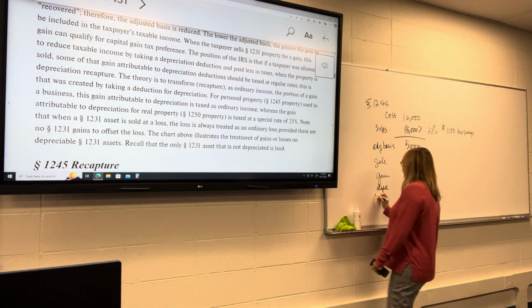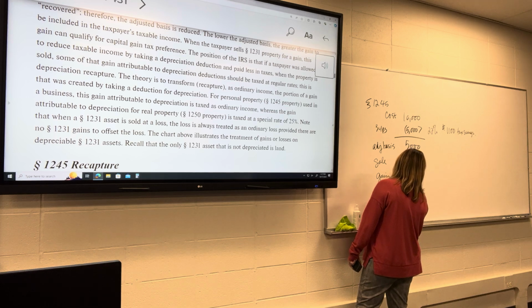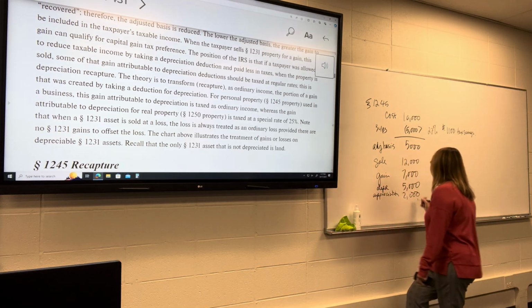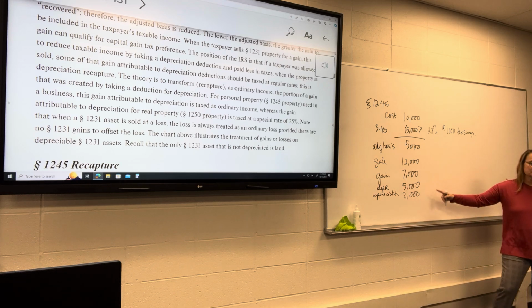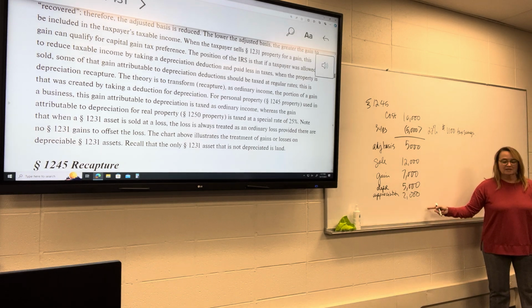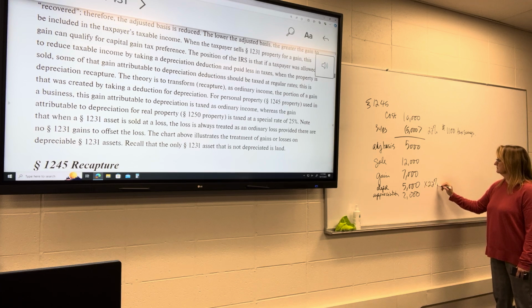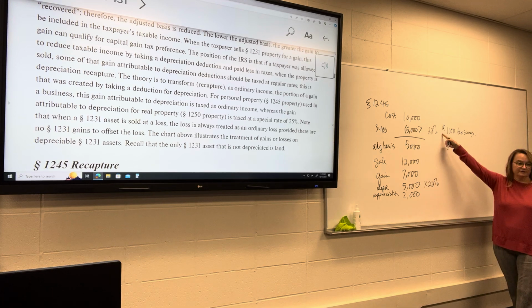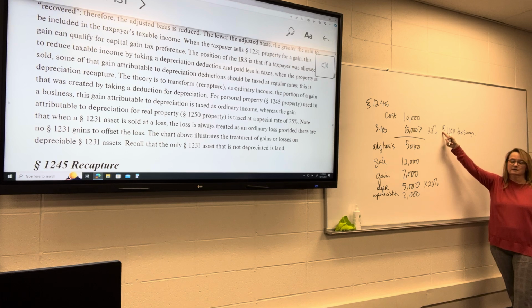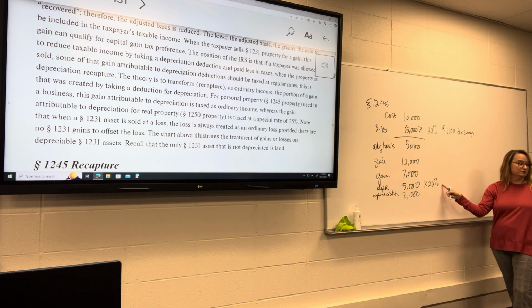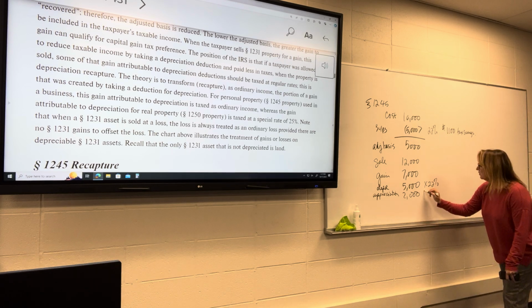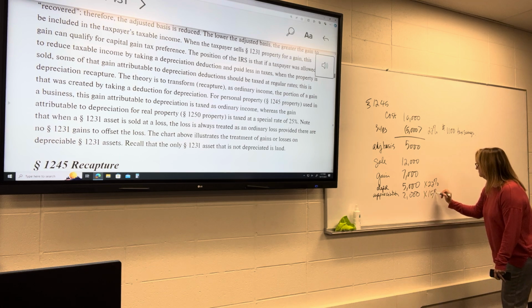The appreciation is 2,000. It's going to be taxed at different tax rates. The IRS is going to say, okay, that's going to be taxed at 22%. Because that's fair, right? You got the deduction at the 22% rate. Now you're going to pay the tax at the 22% rate. This one is the one that's going to be taxed at the 15% rate.